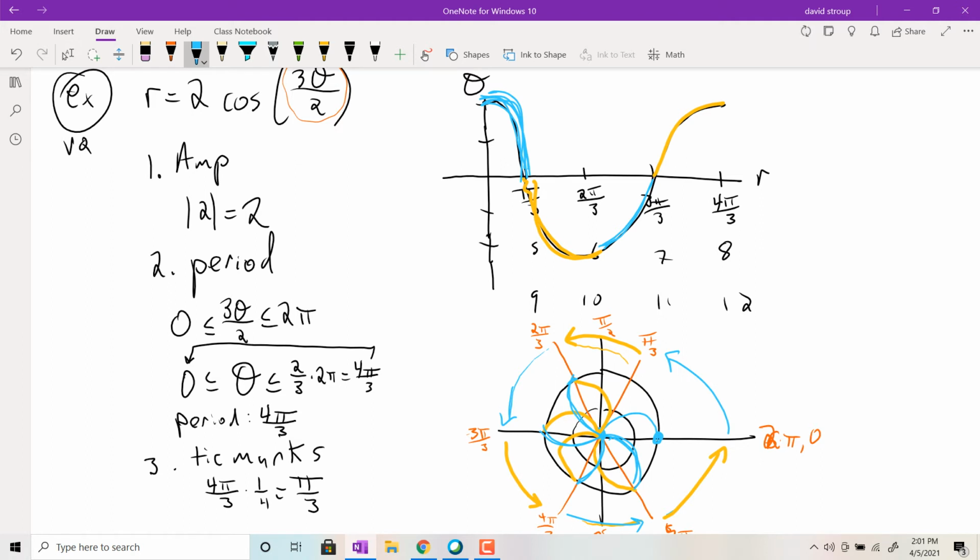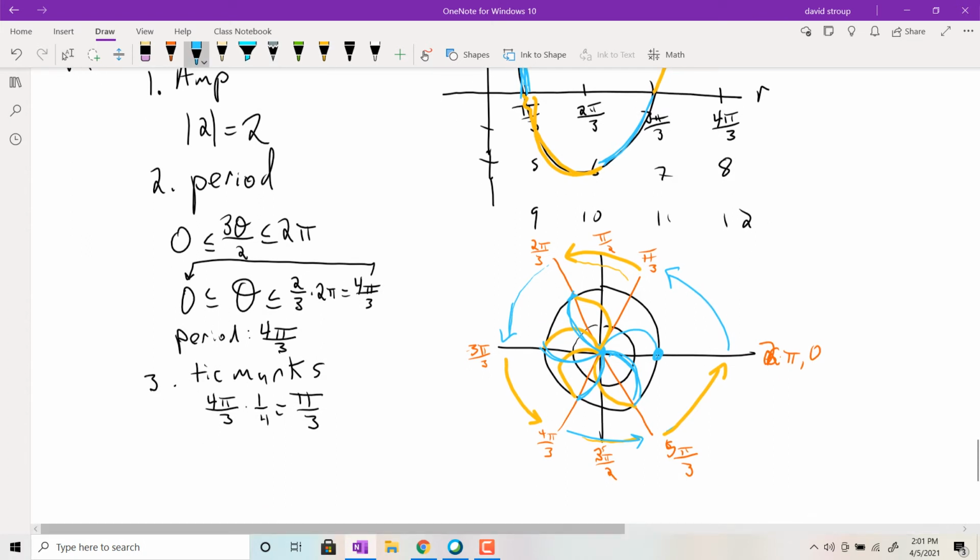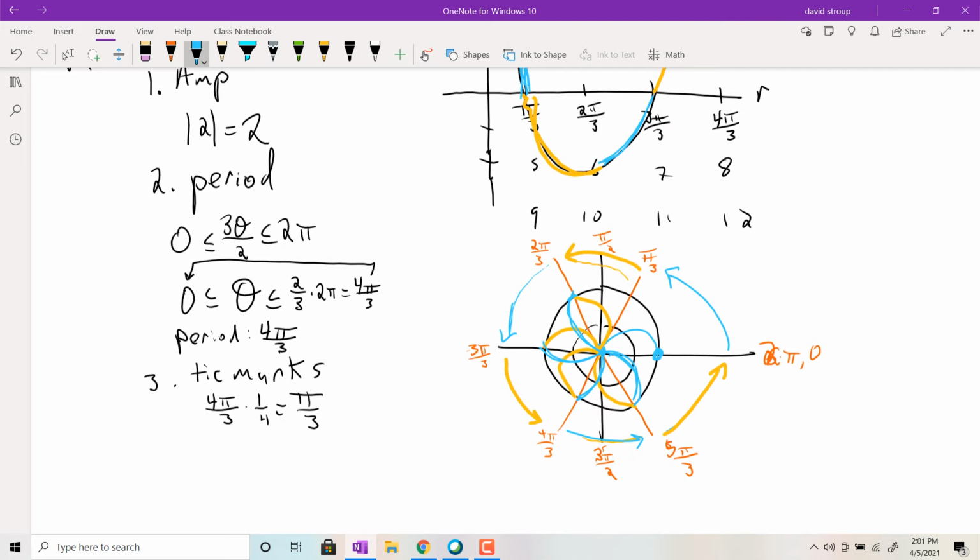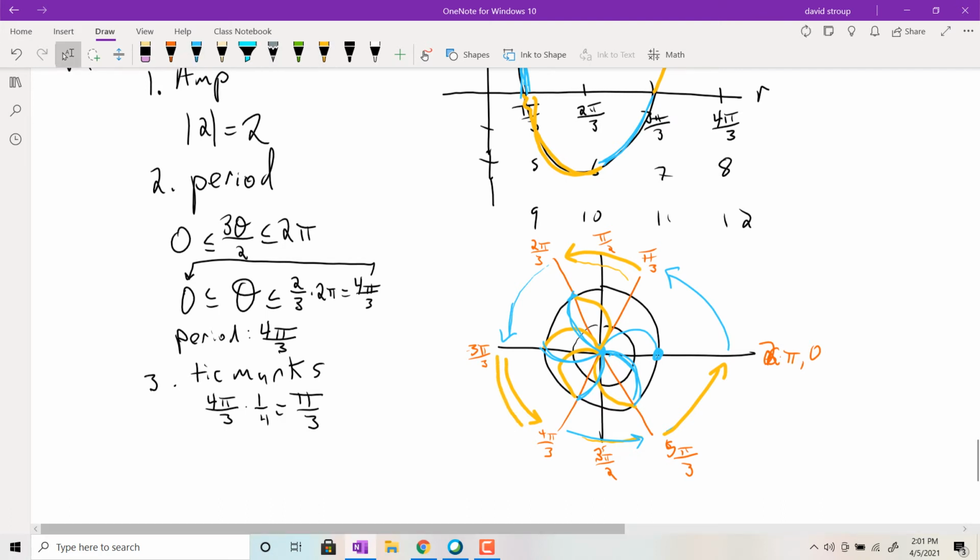And then from 9 to 10 pi over 3, I'm going negative. Okay, so where the heck is 9 to 10? So 5 pi over 3, 6, 7, 8, 9 to 10. Okay, so I'm in this region, but I'm negative now.